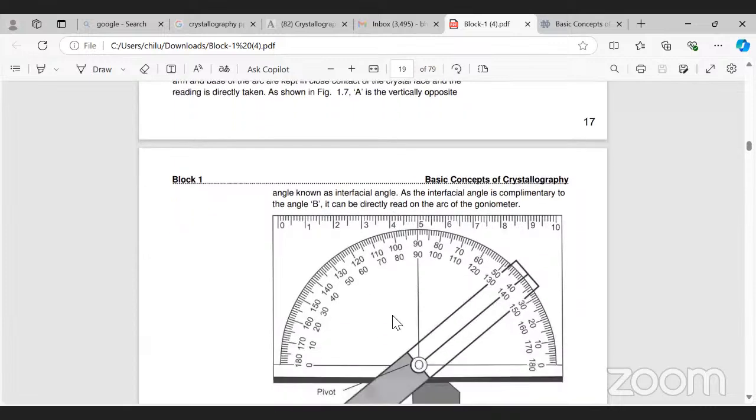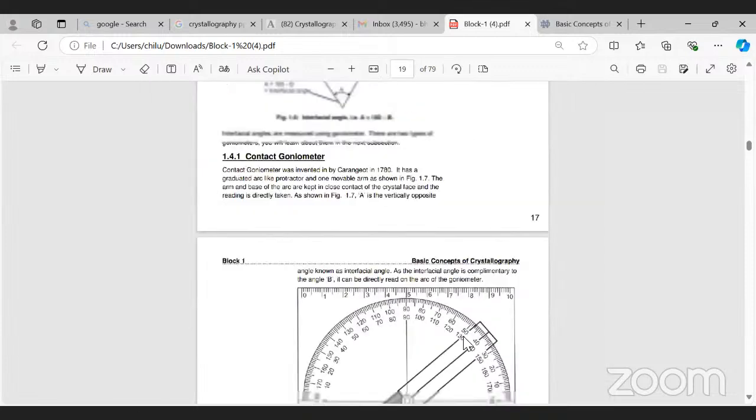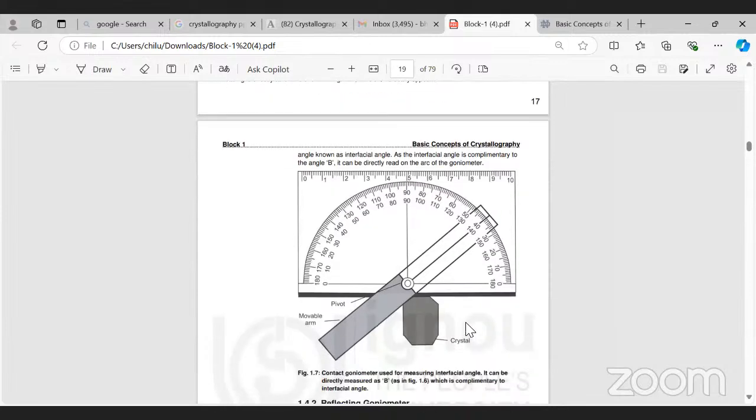You see here, this is a goniometer. It has measurements, and it is movable, it is mobile. But how can we find that out?